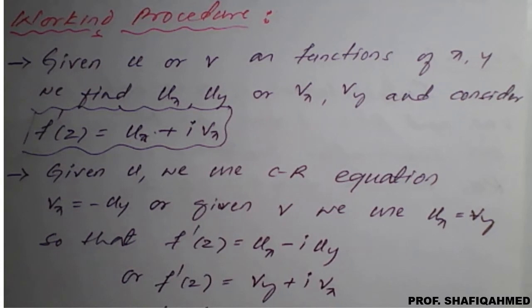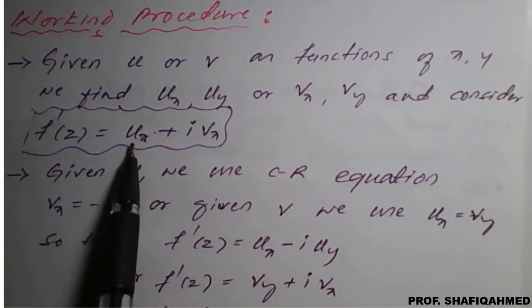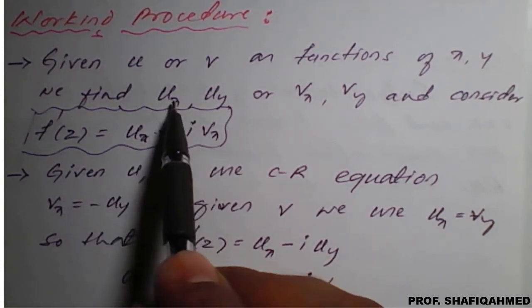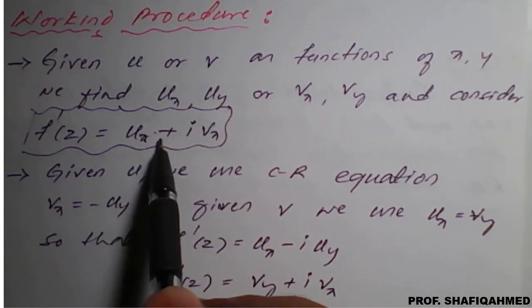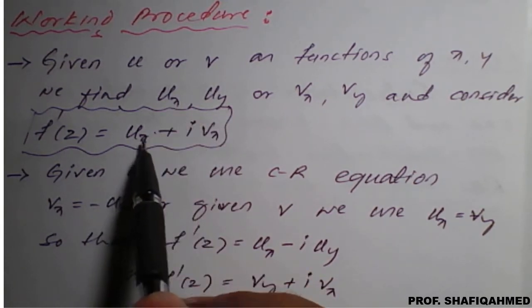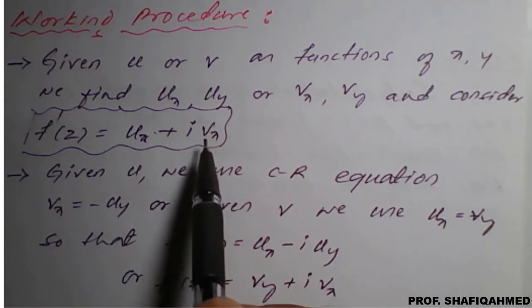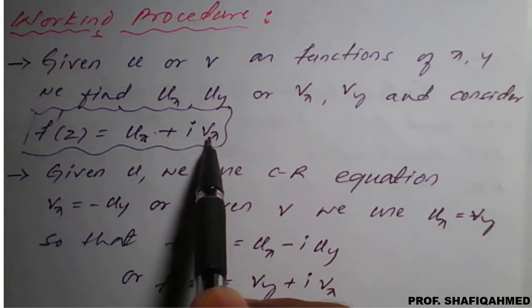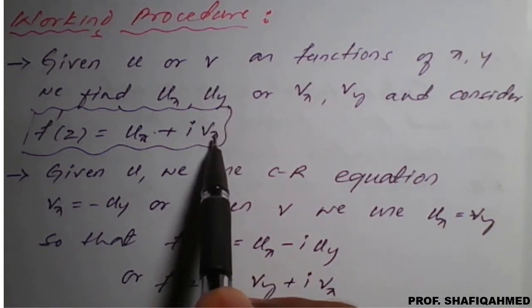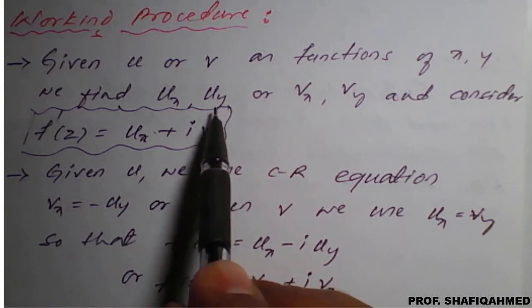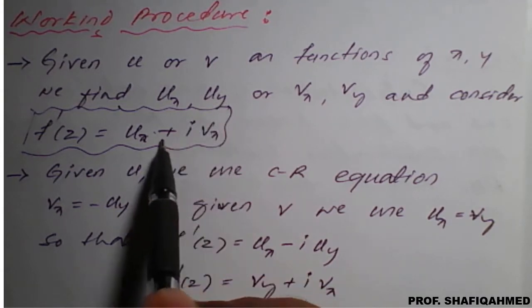Once we get ux and uy, we know the value of ux but we don't know the value of vx. But as per the CR equation, vx is nothing but minus uy. So instead of vx, we can use minus uy, so this sign will become minus.